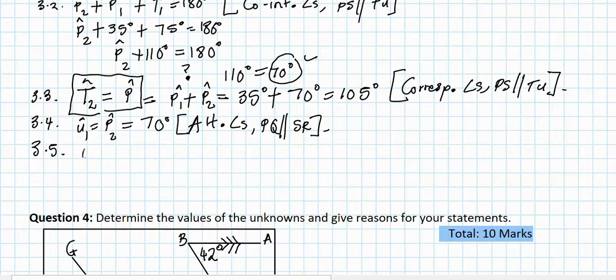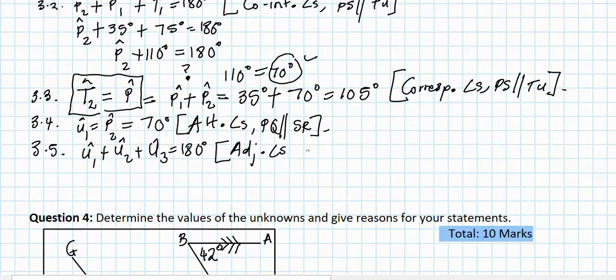We are saying angle U1 plus angle U2 plus angle U3 is equals to 180 degrees. What is the reason for that? These are adjacent angles on a straight line. For some reason today my reason was very long.